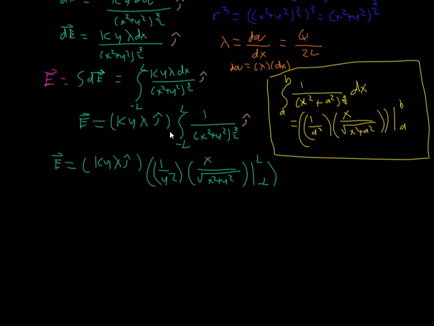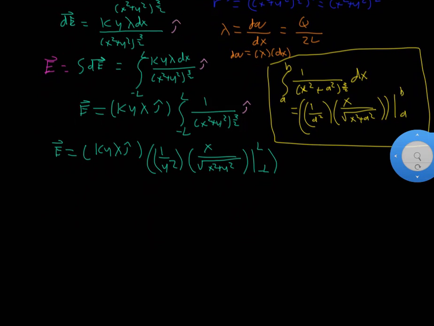You have to sub in your L and your negative L for x, remember, that's our variable. So the electric field is k y lambda j hat.